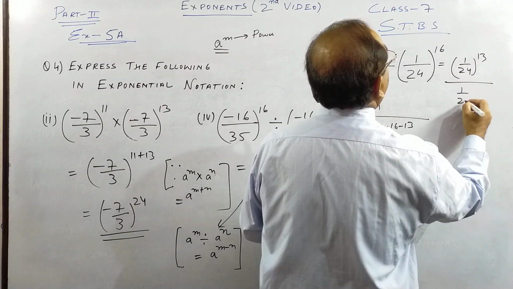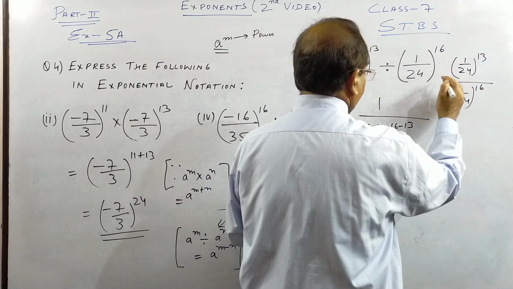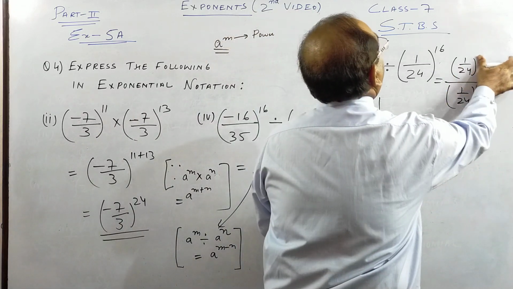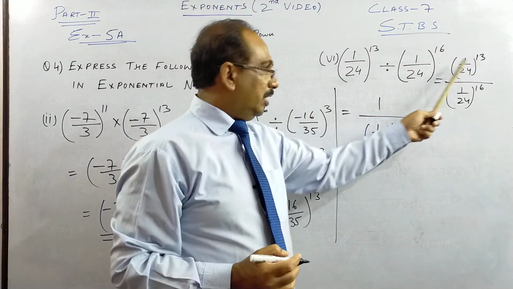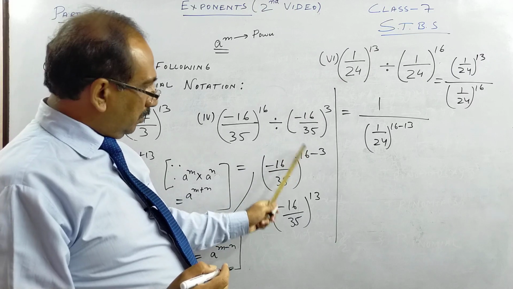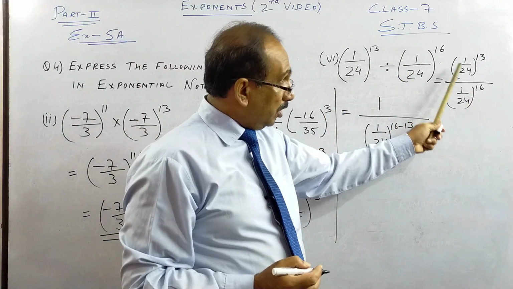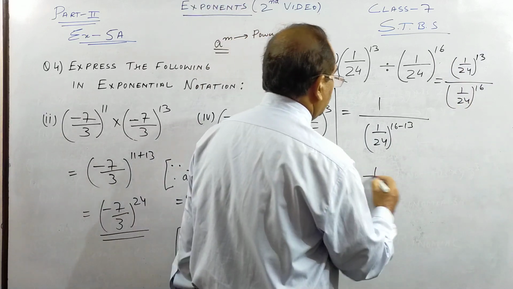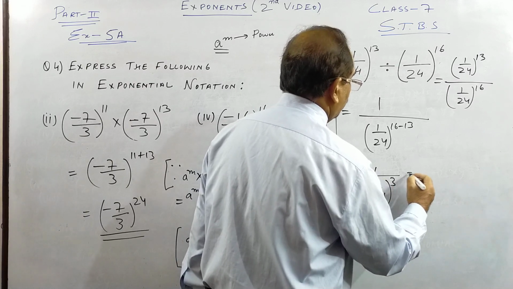So what we do, children, is take the smaller towards the larger. 13 is smaller than 16. Here the bigger number 16 is down, so the smaller goes towards the larger number. So what we get is 1 upon 1 by 24 to the power 3.